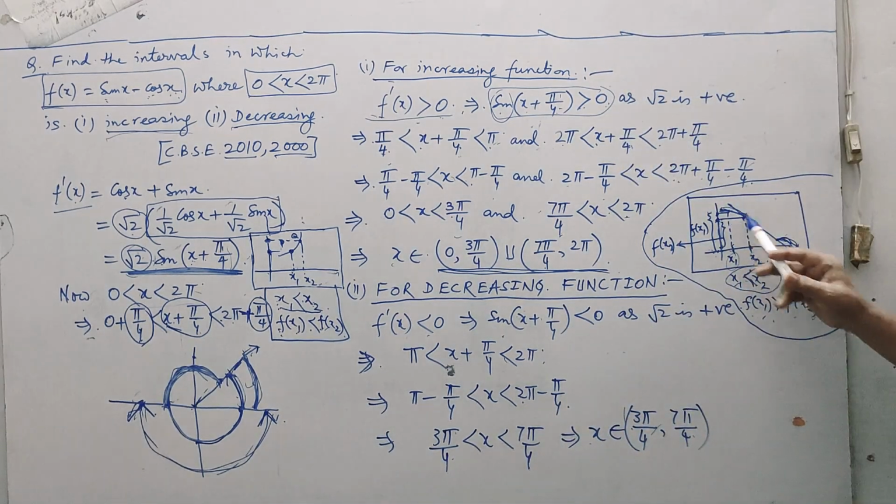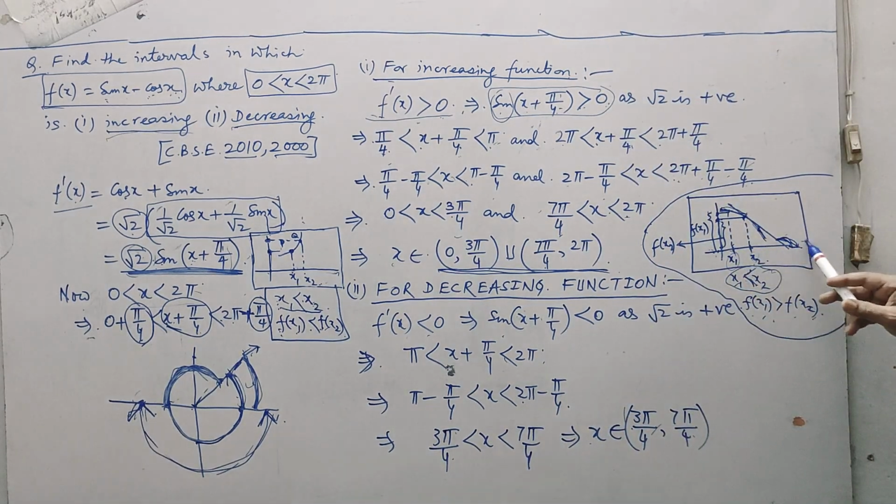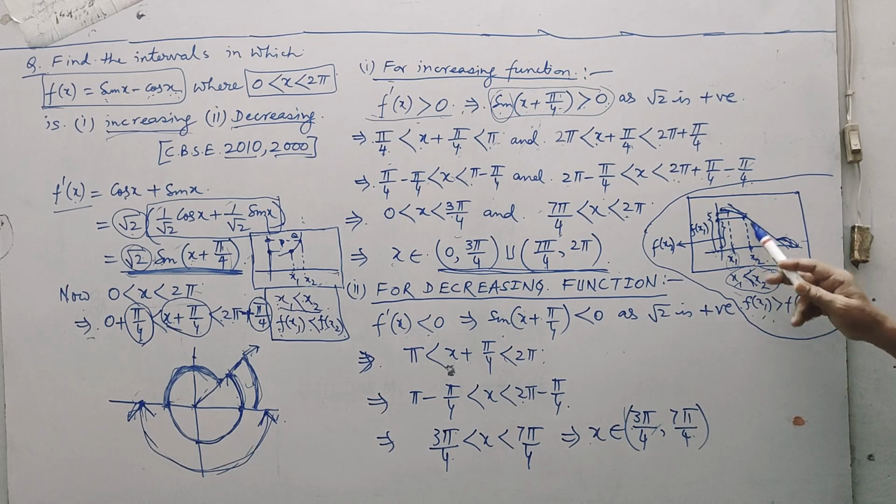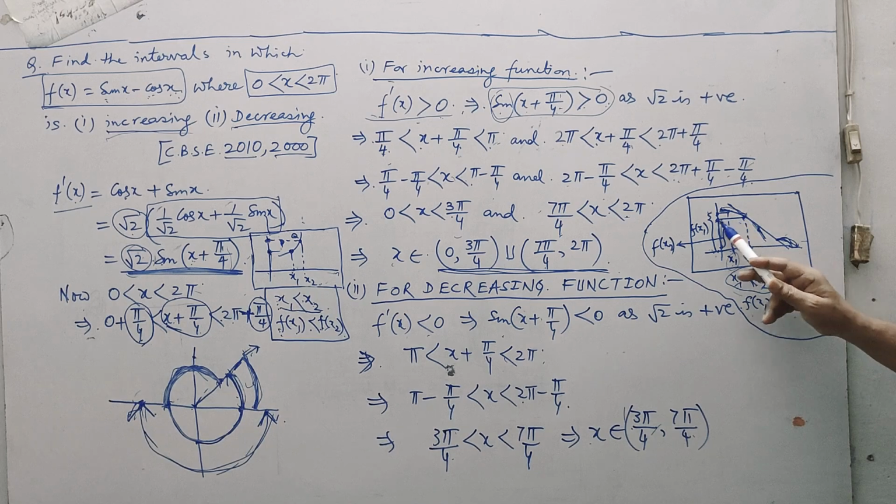Over here you see, as we are moving along the x-axis, this x2 is bigger than this x1. Corresponding to this x2, the point taken on the curve on the y-axis, we can see this length is representing f(x2), and this length is representing f(x1).